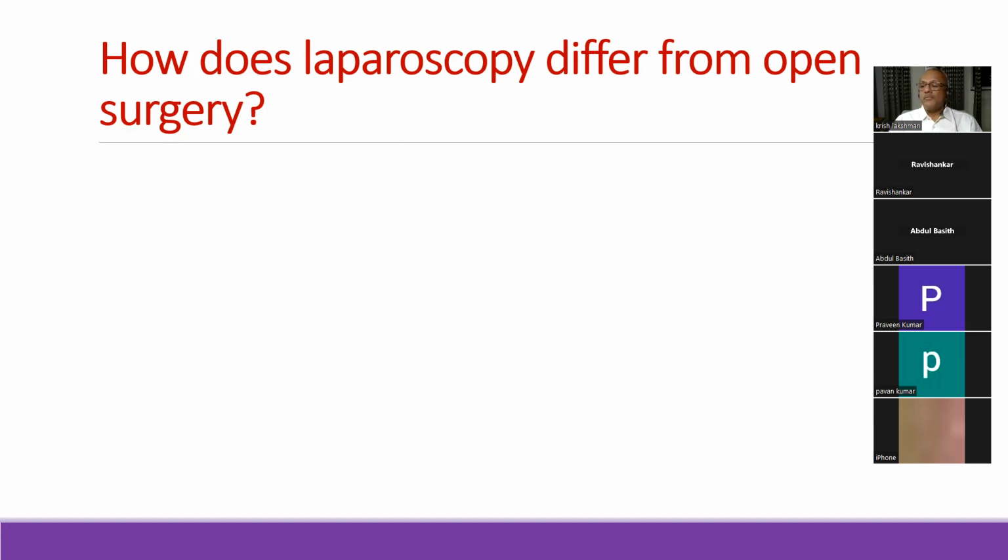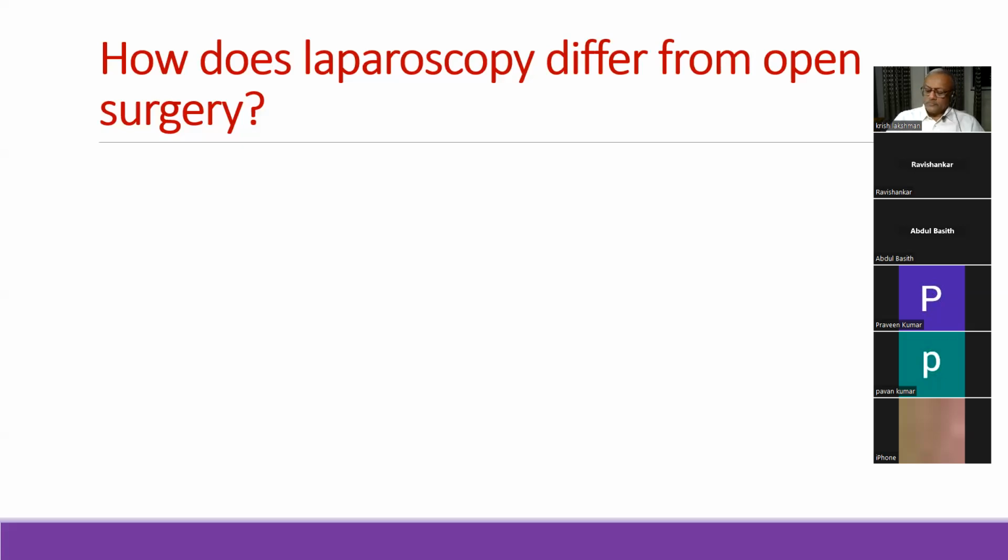Yeah, go on. Yes, and there will be loss of tactile sensation in the laparoscopy. Correct. Very good. So you don't have a feel of what you're doing, and that is a limitation. And in laparoscopy, control of bleeding is difficult compared to open surgery. Correct.